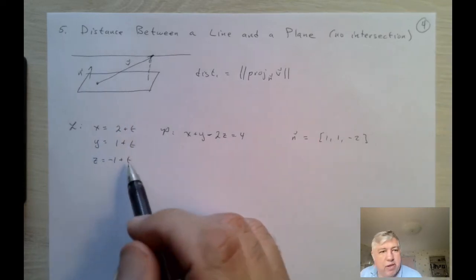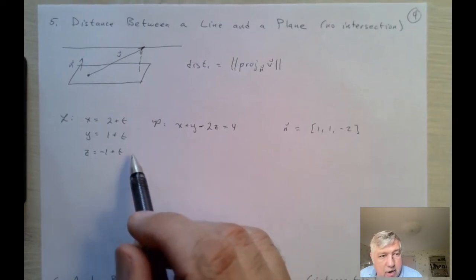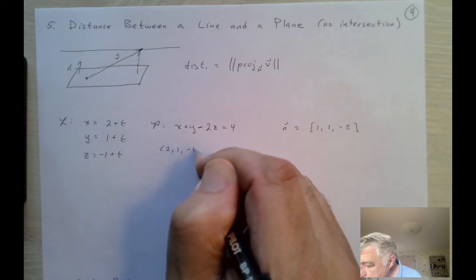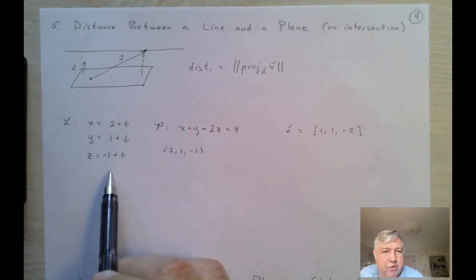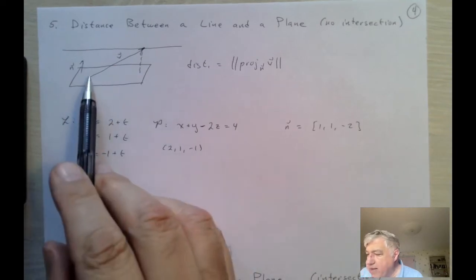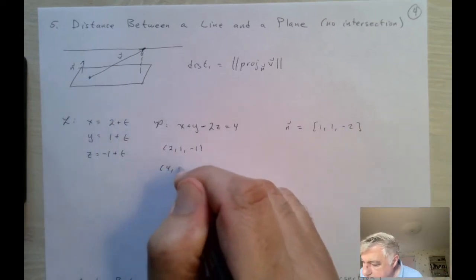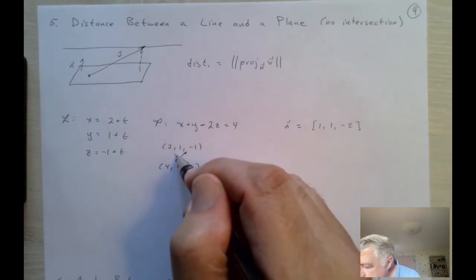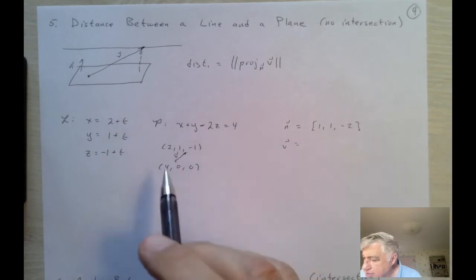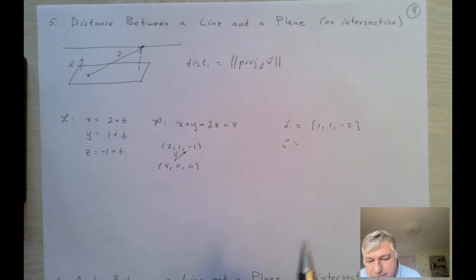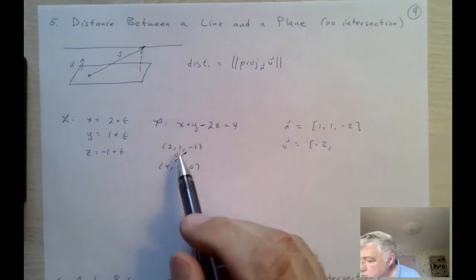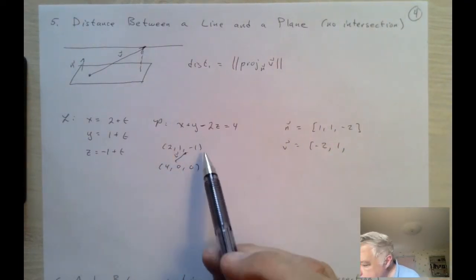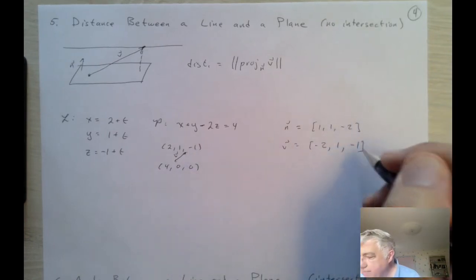The most obvious point on the line we use is 2, 1, negative 1, and we get that by plugging t equals 0 in here. Then we want to find a point on the plane, and we already know that 4, 0, 0 works. That's on the plane. So this is our v here. v is going to be 2 minus 4, that's negative 2, 1 minus 0 is 1, and negative 1 minus 0 is negative 1.